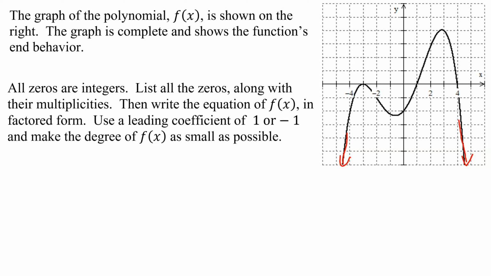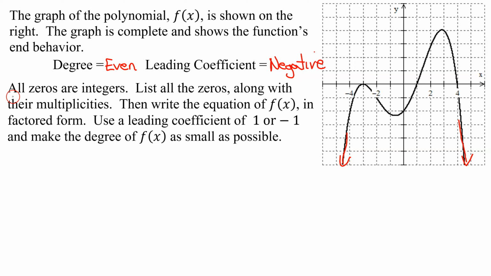And if both ends point in the same direction, it says that the degree of the polynomial has to be even. So the degree is even. And since both ends point down, that says the leading coefficient has to be a negative number.